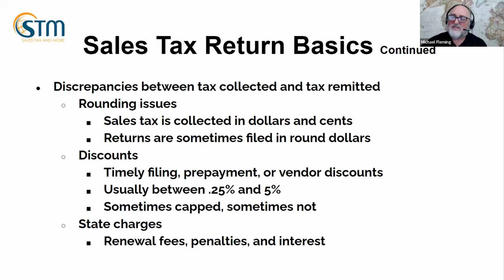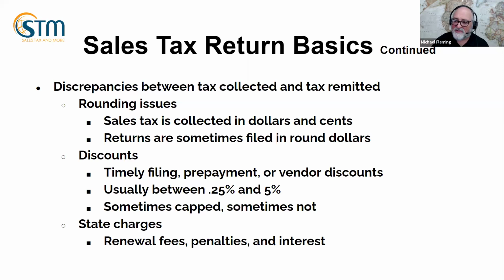So if there's a discount, you're going to end up not balancing to the tax collected either, because the state's saying you don't have to give us all the money you collected. Very rarely do they say that, but when you're looking for why there's a discrepancy between tax collected and tax remitted, this is one of the big ones.